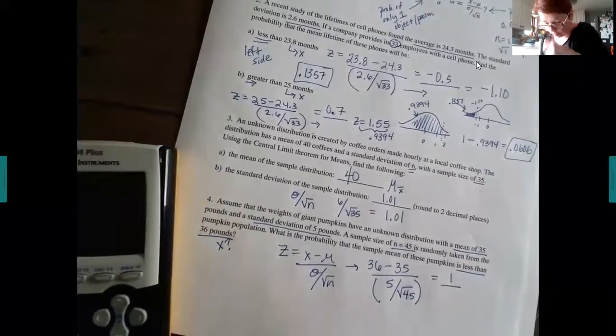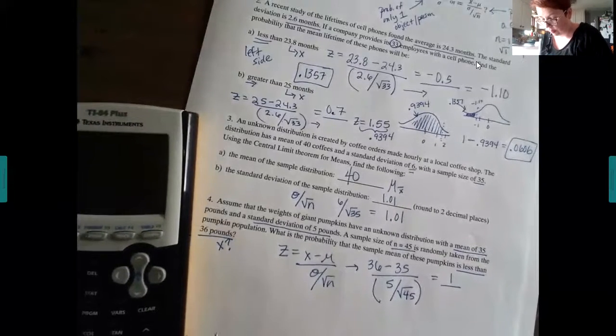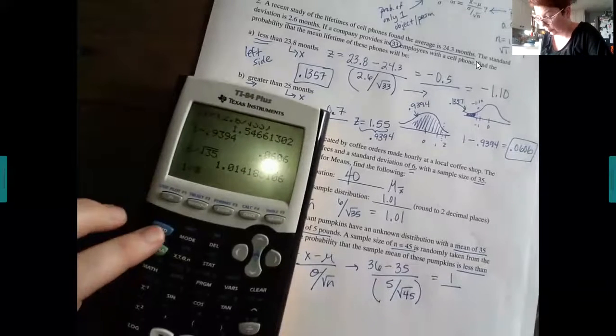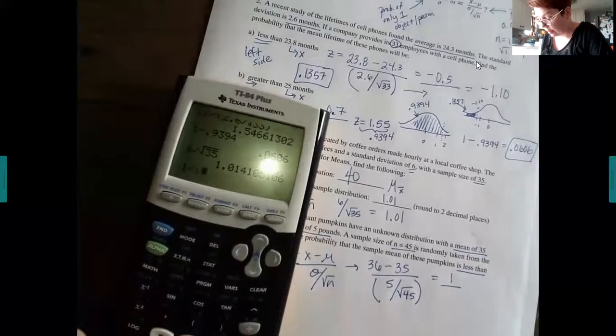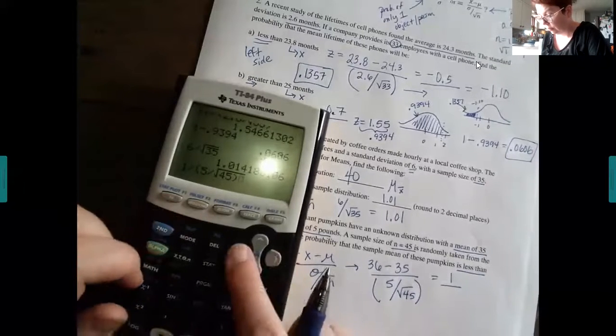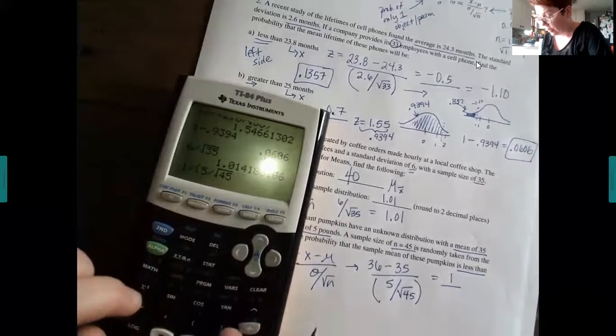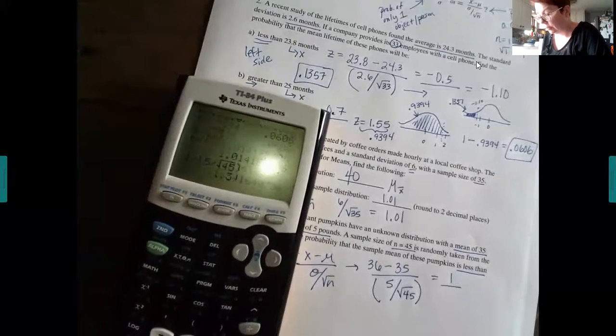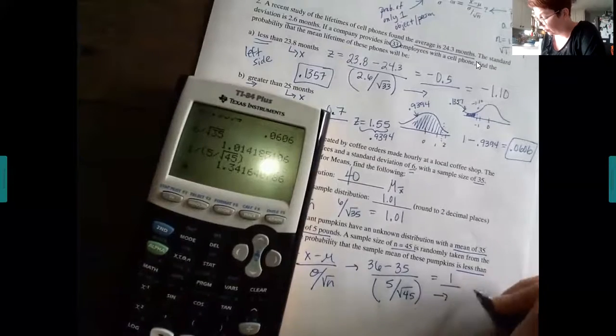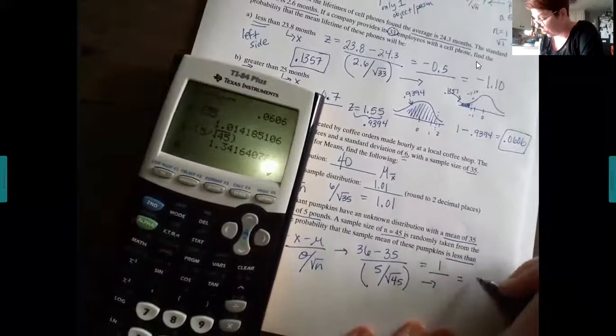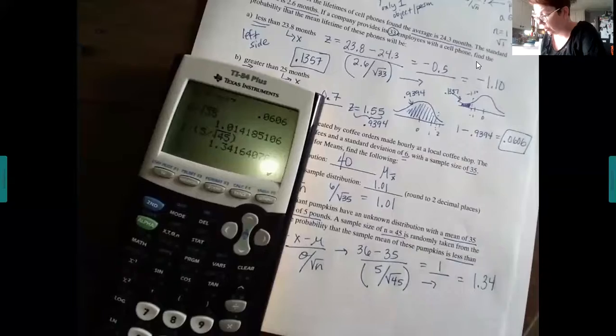So I can do 36 minus 35 pretty easily without coffee, but the bottom I cannot do. So I'm going to take that and do 5 divided by square root of 45 in parentheses, like that, and see what we get. Okay, so we get 1.34.